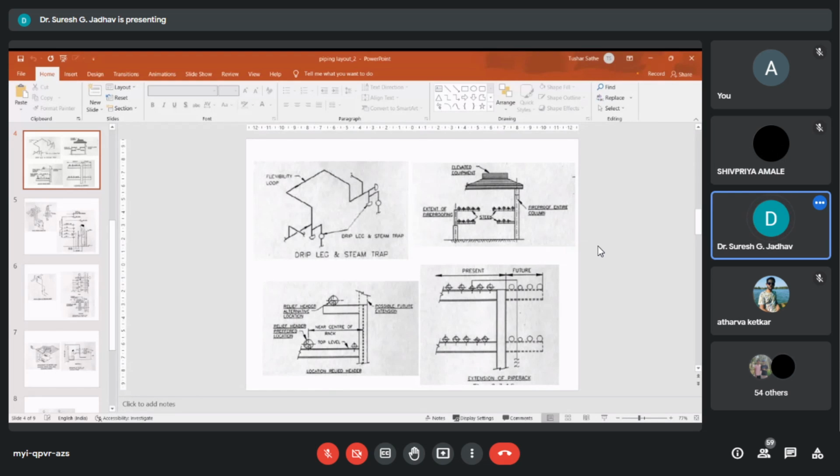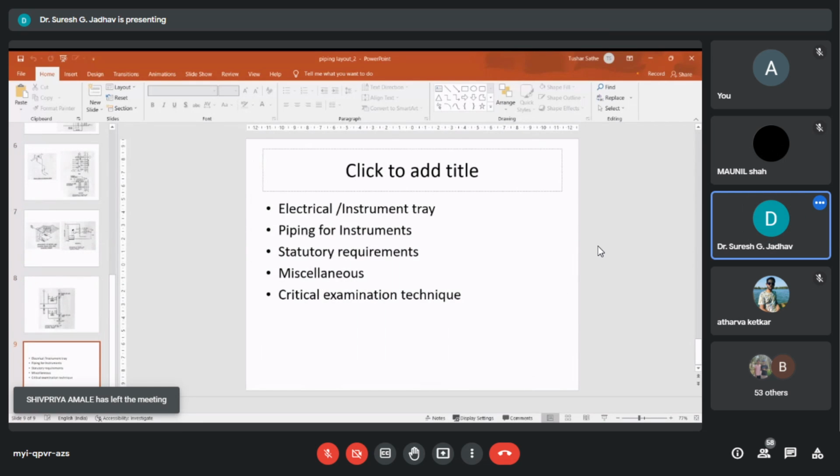So next is piping for instrumentation. Instruments when located on piping will need certain specific requirements for them to perform the duty for which they are provided.